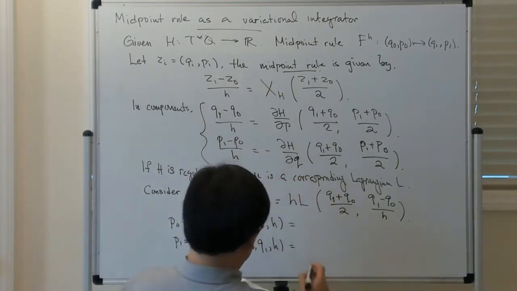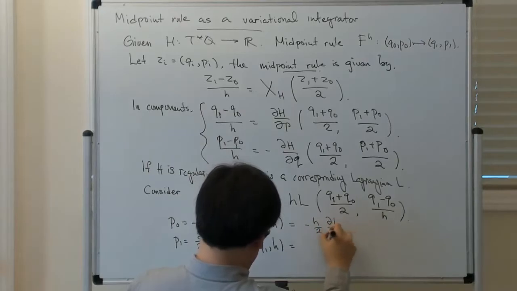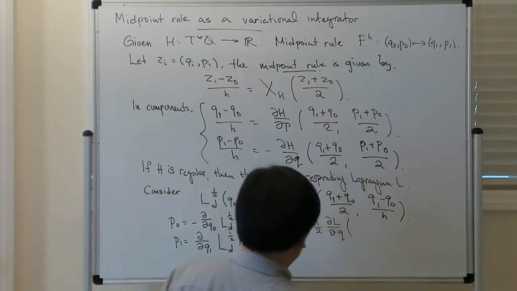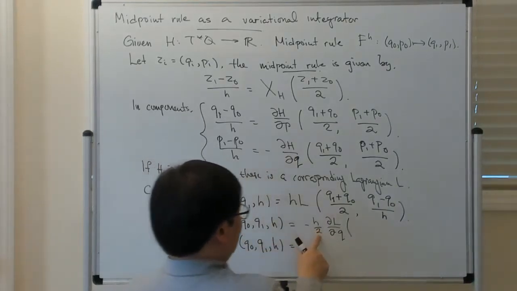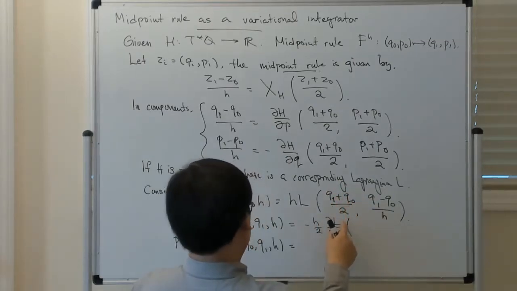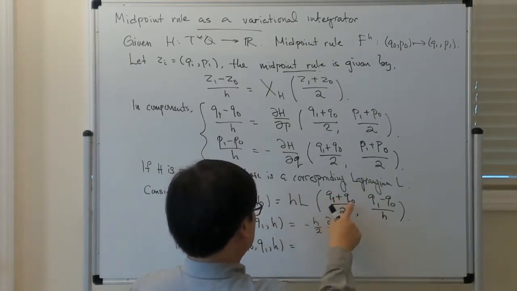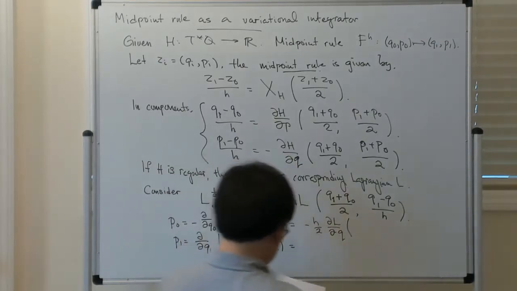So this is minus h over 2 dL/dQ, evaluated at the appropriate point. The minus sign comes from the minus sign here. The 1/2 comes from the fact that you're differentiating q with respect to q0. So q is (q1 plus q0) over 2. If you differentiate it with respect to q0, you get a factor of half, right? Which is where that comes from.